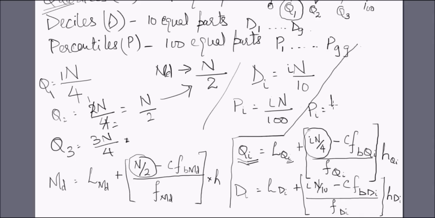We'll have to take the lower value of the percentile class, followed by, this time, n by 100 times i minus the cumulative frequency before the percentile class, divided by the frequency of the percentile class, and that will be multiplied by h.